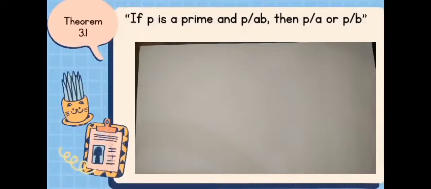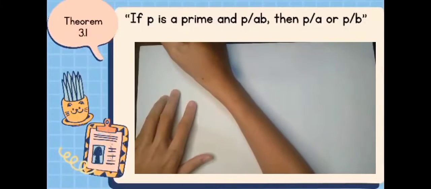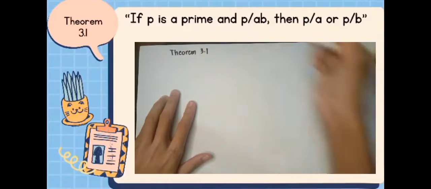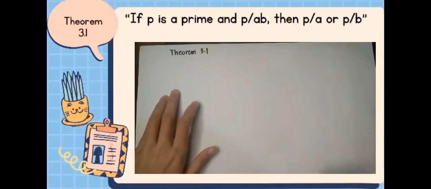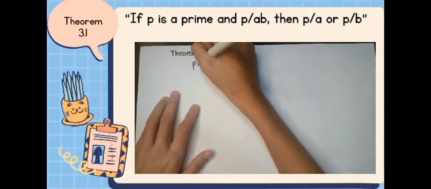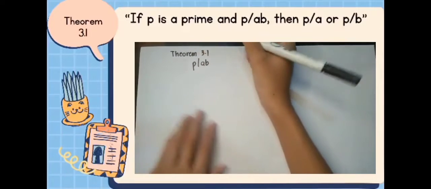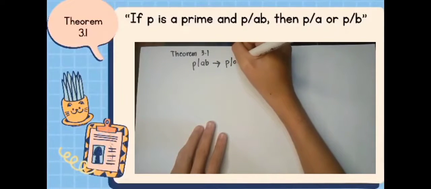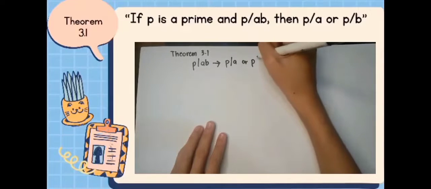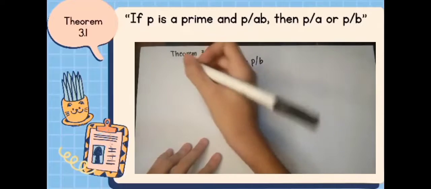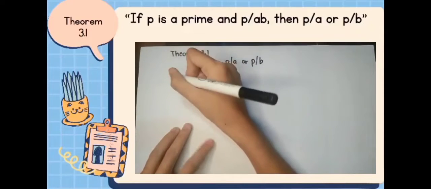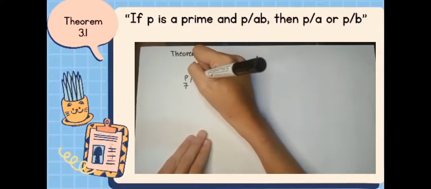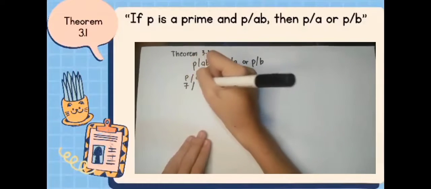Theorem 3.1 states that if P is prime and P divides AB, then P divides A or P divides B. As we said, P is prime, so let's assume that our P is 7 and our AB is, let's just say, 56.